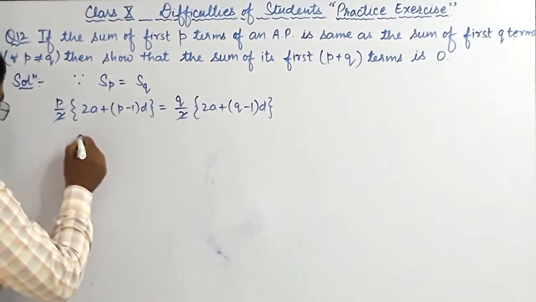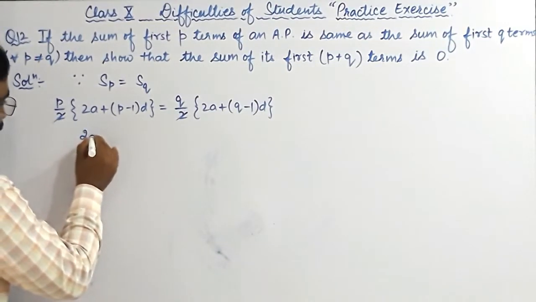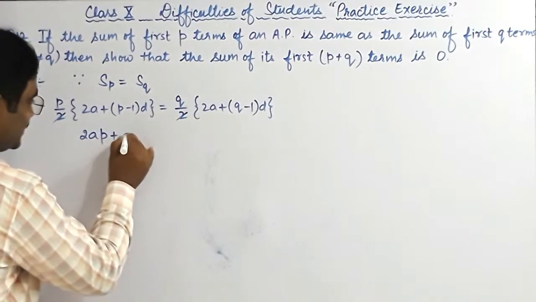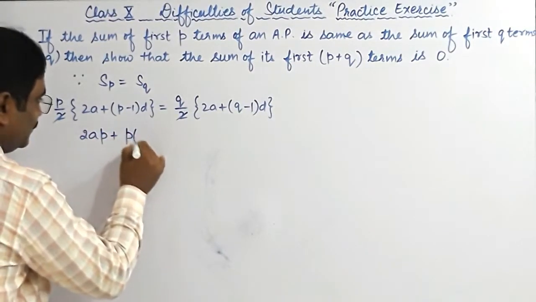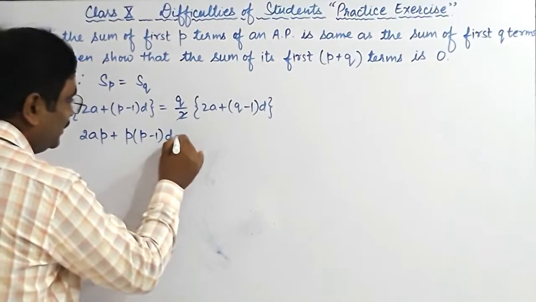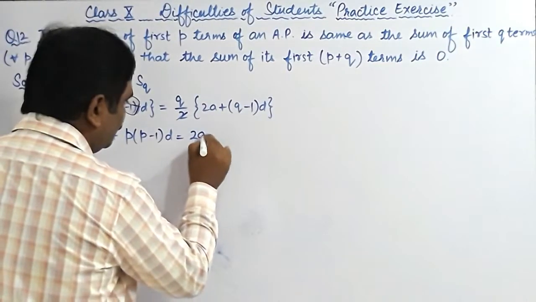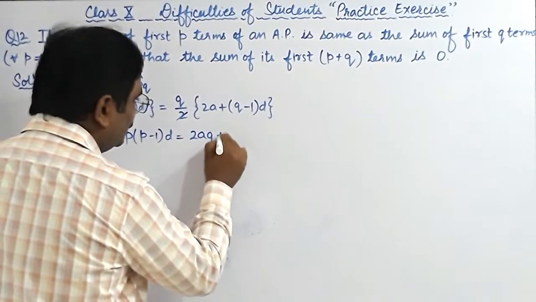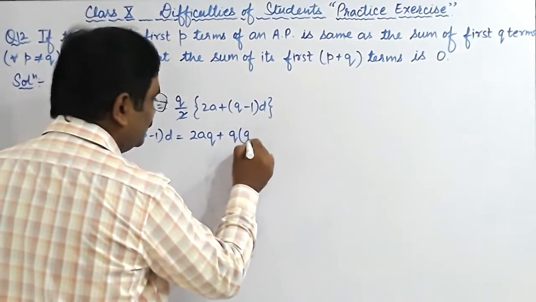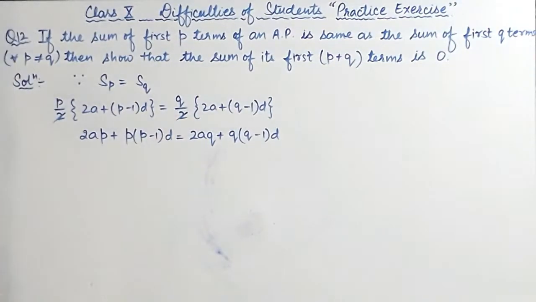So you will get 2ap plus p into p minus 1 into d equals 2aq plus q into q minus 1 into d, right?